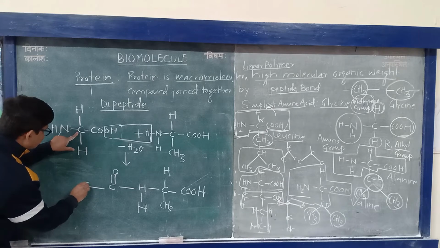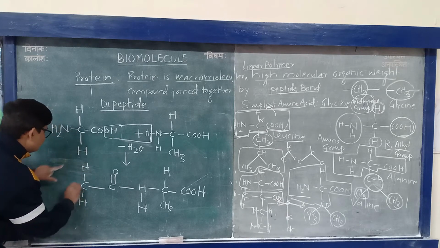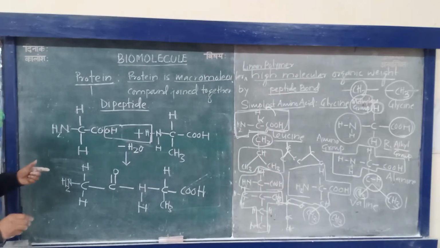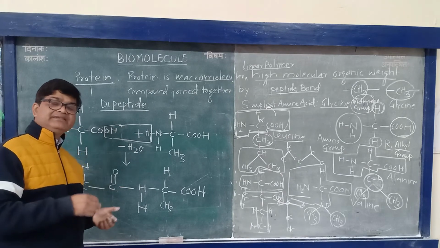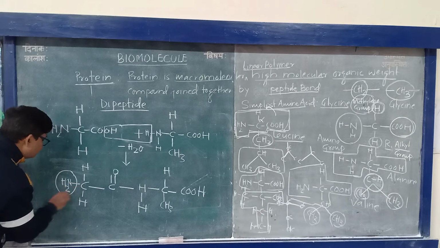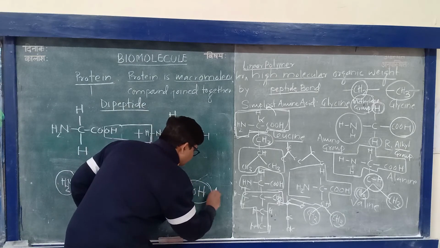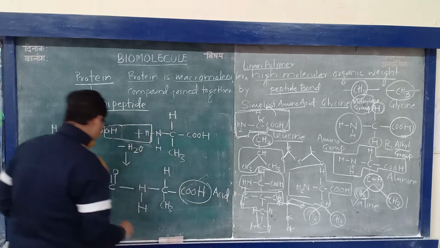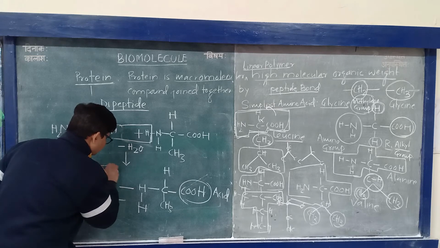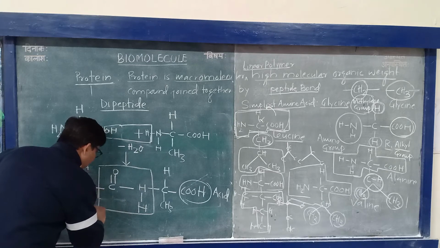This is carbon, that carbon, and you will find this is hydrogen and this is hydrogen and this is NH2. In any polypeptide chain, the general convention is that on the left side you will find the amino group, on the right side you will find the acid group, and this is the peptide bond.